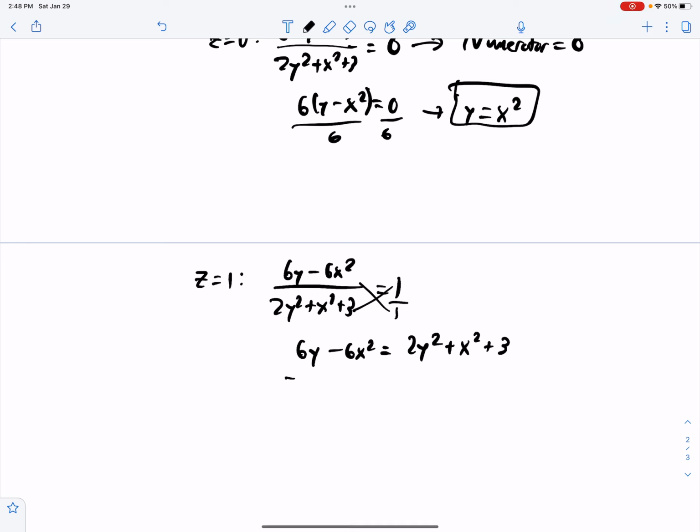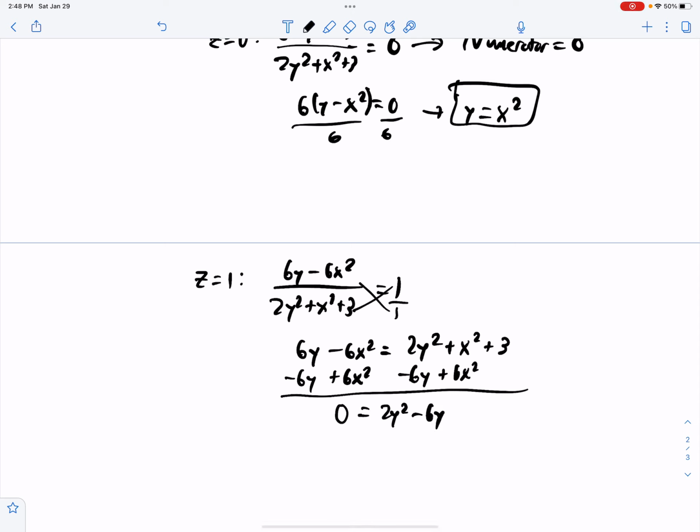And this time we're going to take the minus 6y and the plus 6x squared over to this side. Minus 6y plus 6x squared on this side. So 0 equals 2y squared minus 6y plus 7x squared plus 3.